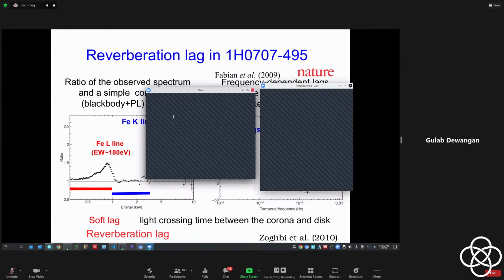Tanmay says intensity versus energy plot, the curve plot is steeper. Which plot?